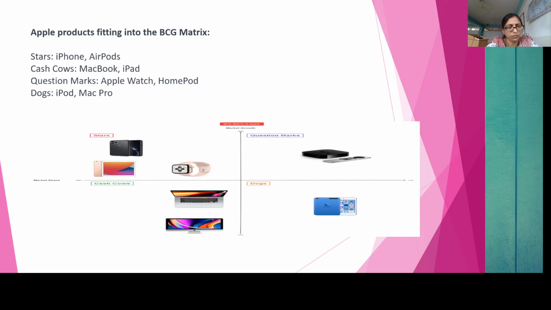So there is a scope for that, and we need to hold that particular market share. And for question marks also, like Apple Watch, we have to carefully consider this segment to generate more popularity among customers.